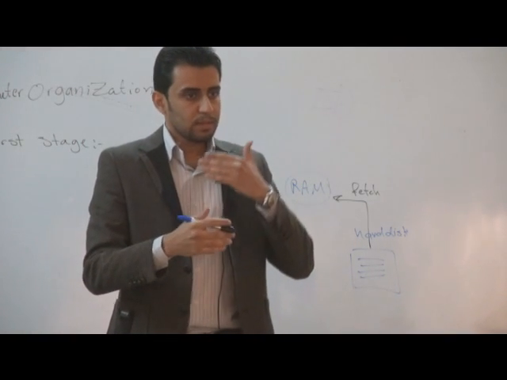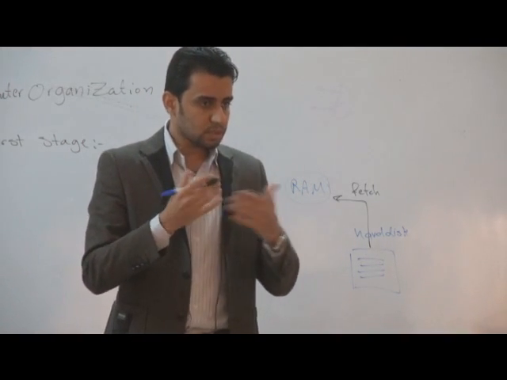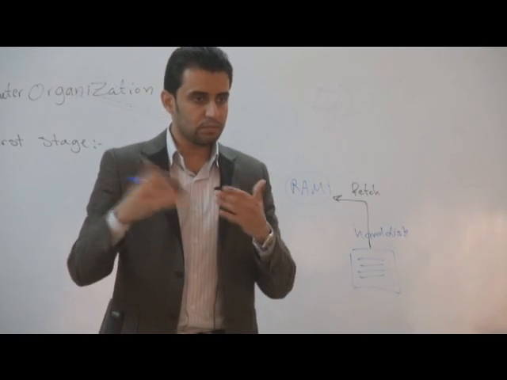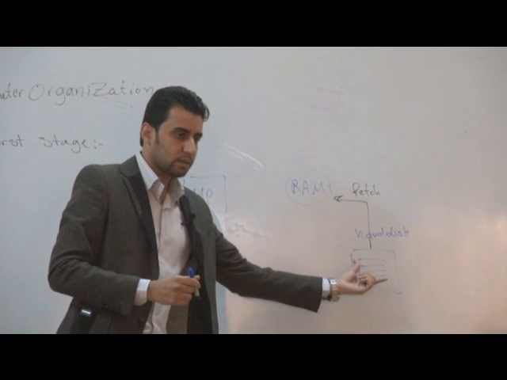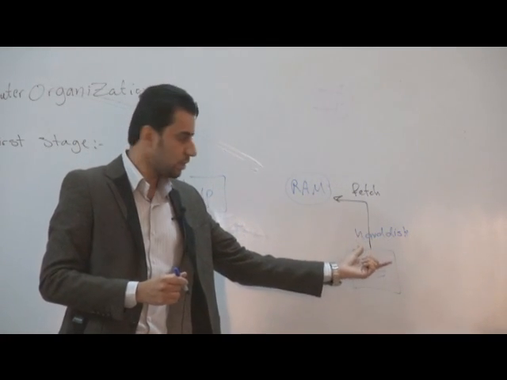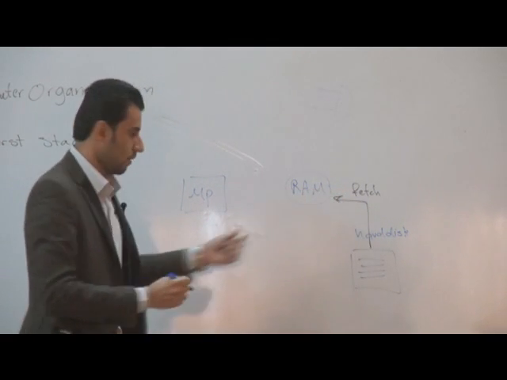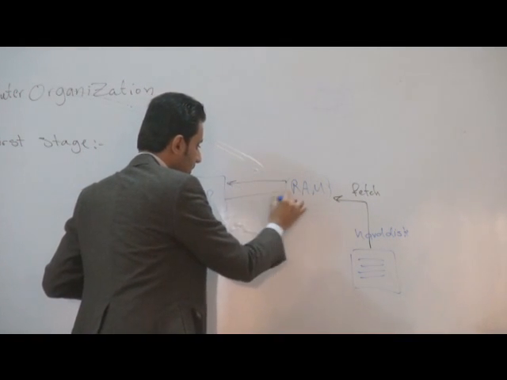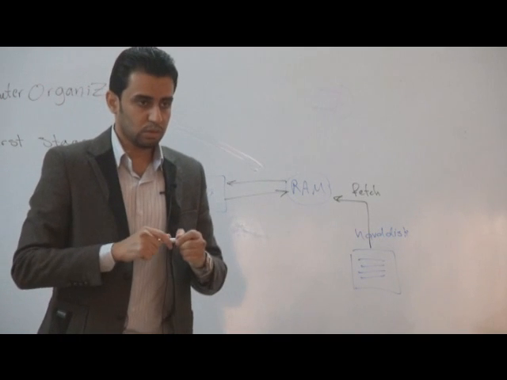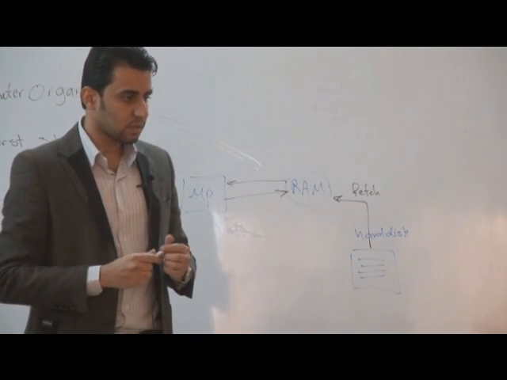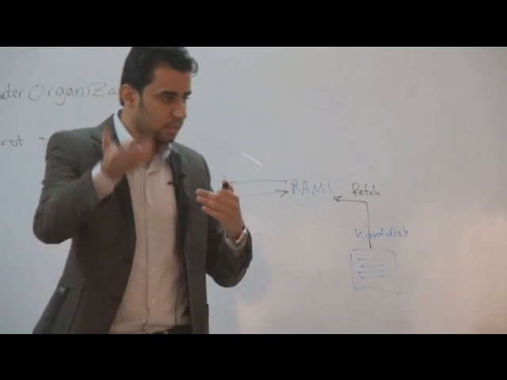And then, step by step, by switching the instructions, the microprocessor executes every one. So first we have the hard disk, which has all the information, fetched to RAM, and then RAM deals with the microprocessor by fetch and execute, and done.